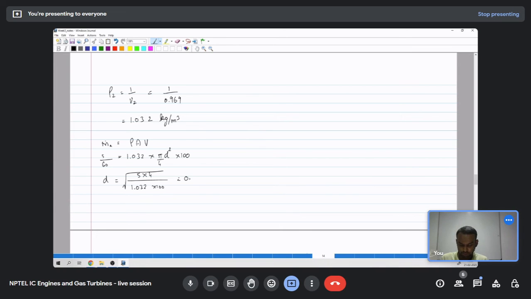So this is 0.44 meters. Sorry, I think I missed the pi by 4.